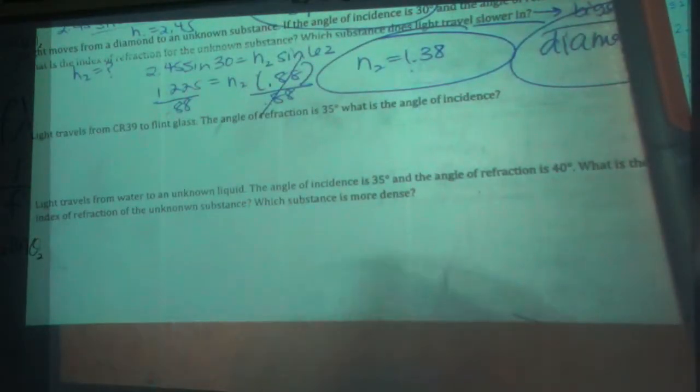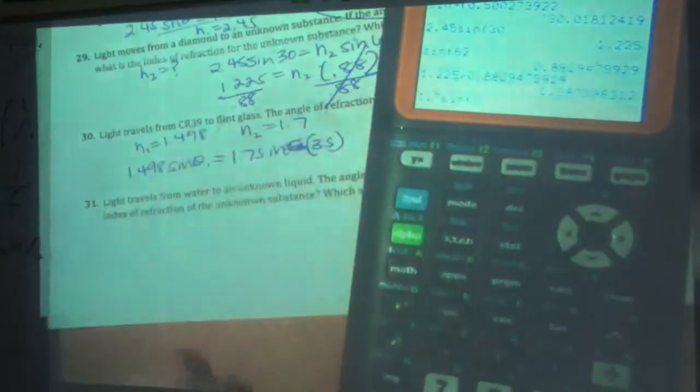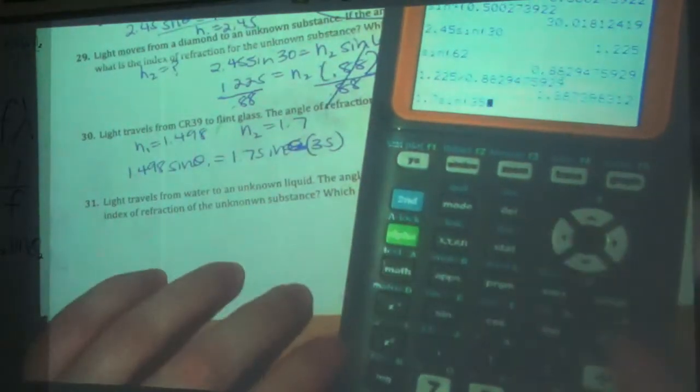Light travels from CR39 to flint glass, so N1 is 1.498, flint glass, N2 is 1.7. Angle of refraction, that's angle 2. Looking for angle 1, the incident. So 1.498 sine of angle 1 equals 1.7 sine of, not of theta 2, because I know theta 2, it's 35. Right, so the right side can go in your calculator.